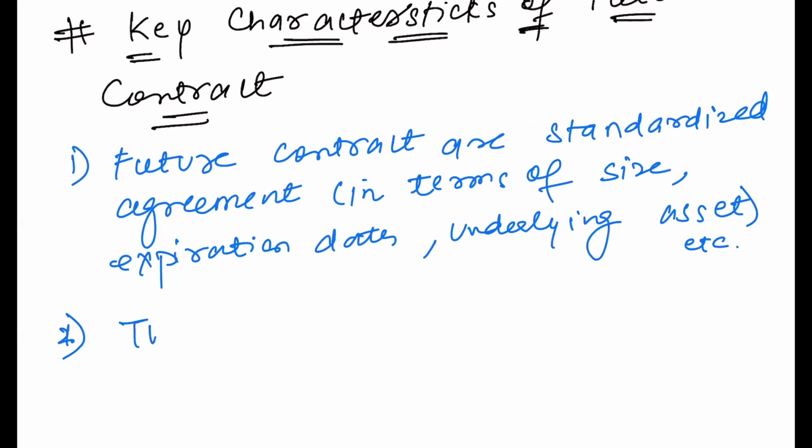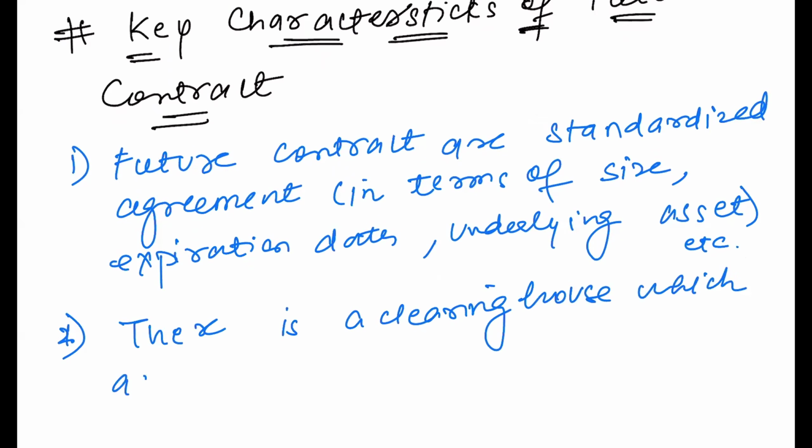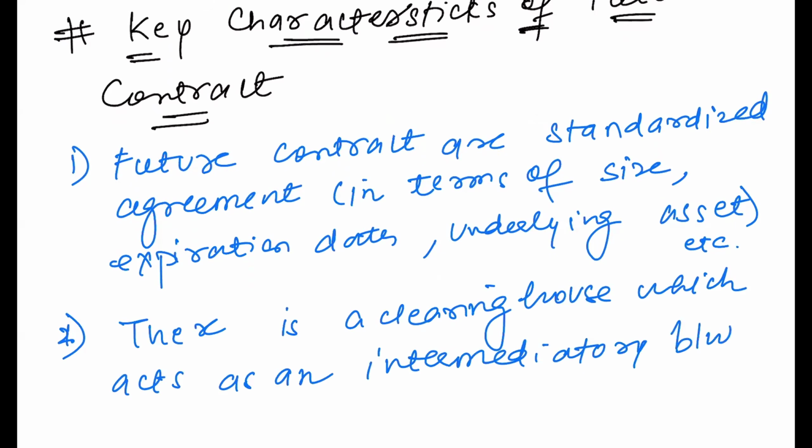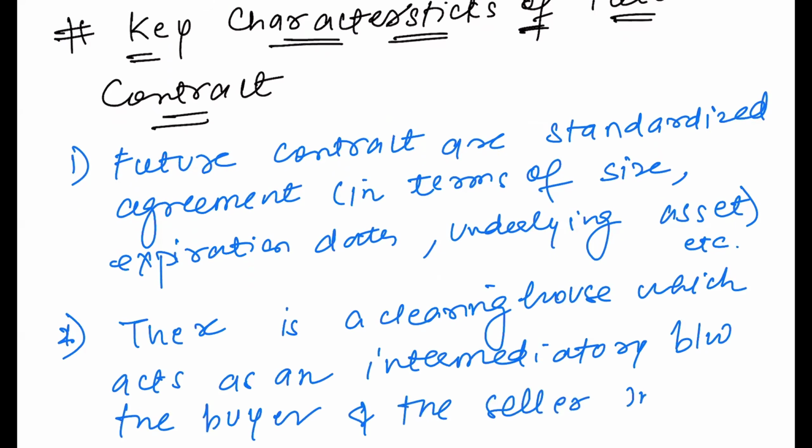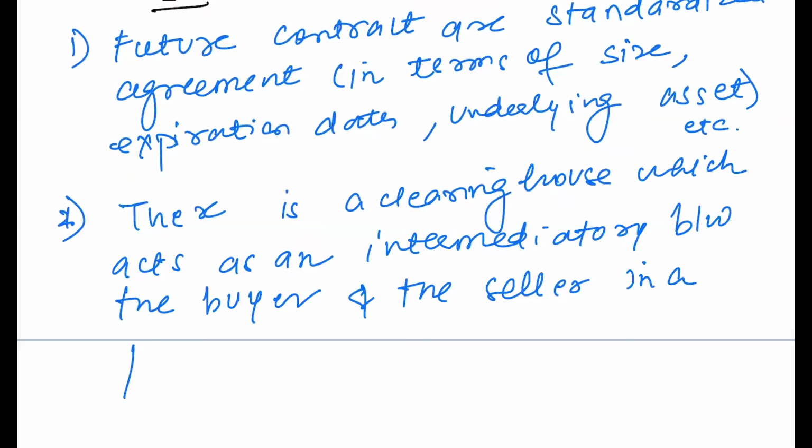So there is a clearing house which acts as an intermediary between the buyer and the seller in a future contract. This is the second characteristic.